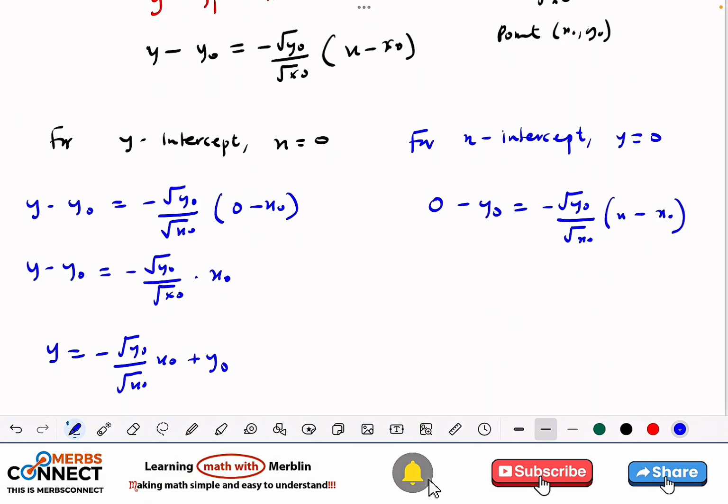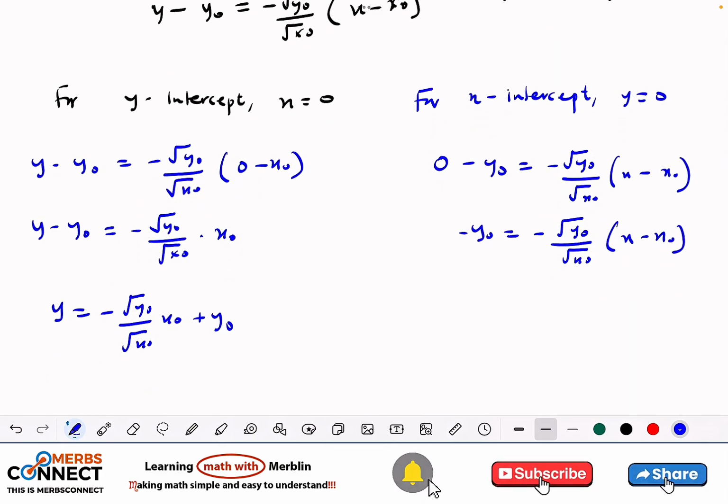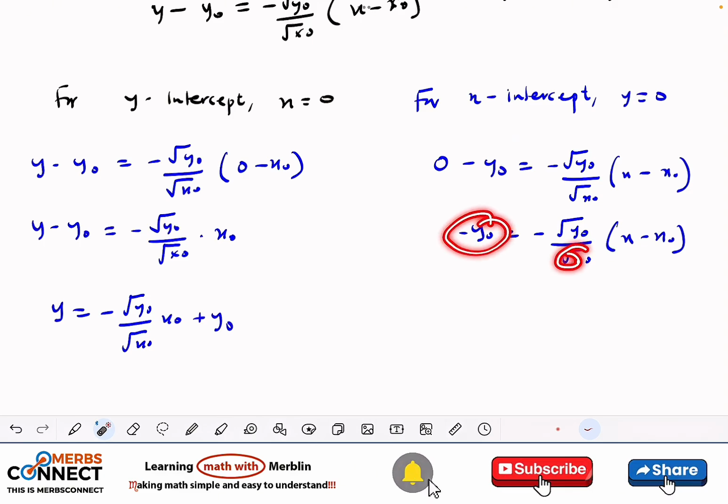Is that right? Yeah. So this is going to give us minus y naught is equal to minus root of y naught divided by root of x naught, times x minus x naught. So with this one, I want to make x the subject, so we can multiply this one by this and divide it by this.